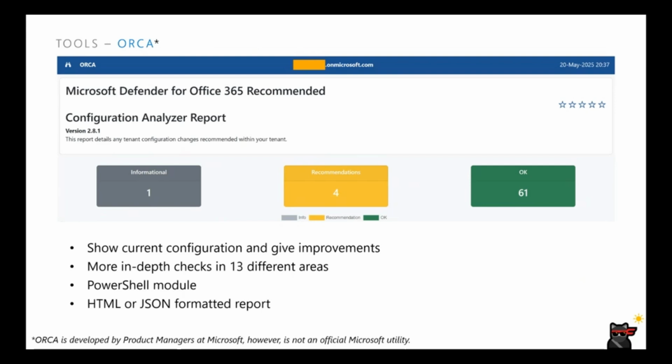You can also export it in JSON format if you want to. The best thing about the Orca tool is that you will see the current configuration, but also how you can improve your MDO configuration with tips and tricks.